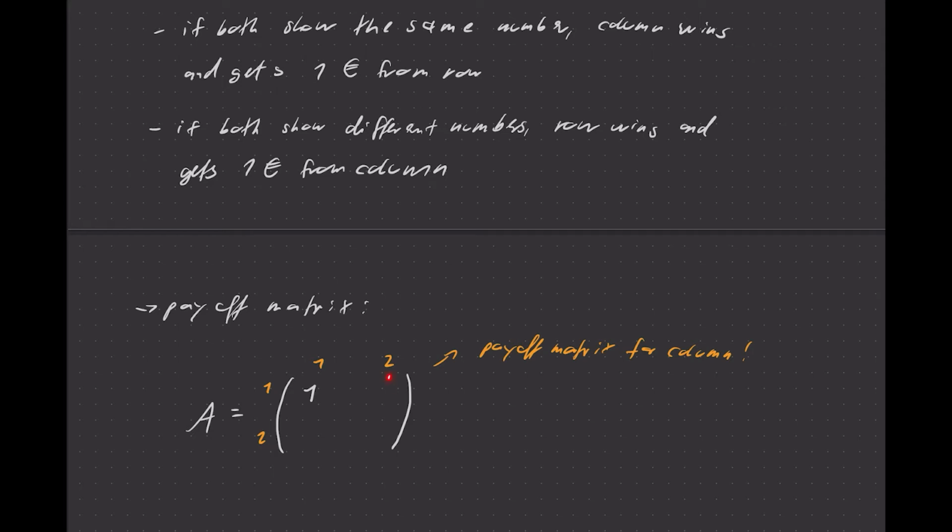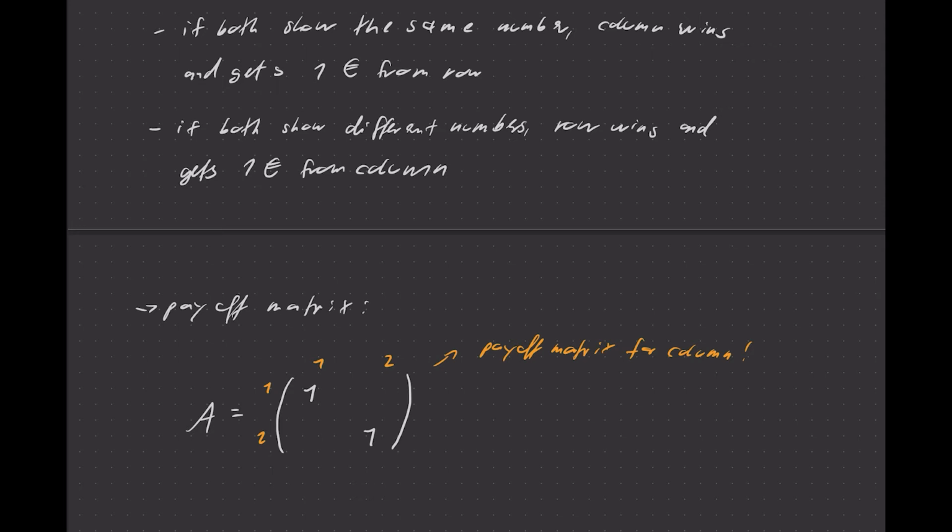Now in that case, 2, 2 here, that same thing happens. Both show the same number of fingers, so Cullum again gets €1. In the other cases, the number of fingers is different here and here. And in these cases, Rao gets €1, or in other words, Cullum pays €1.